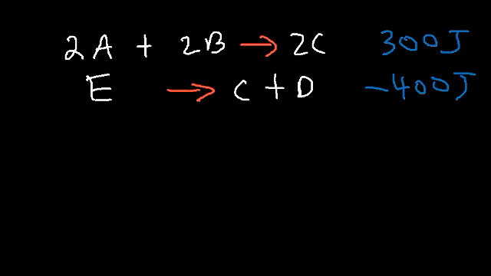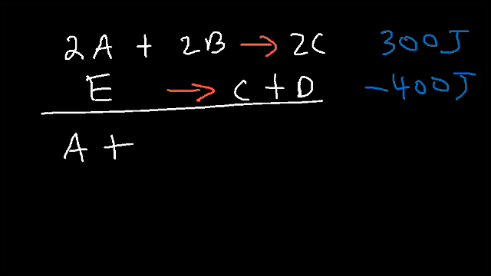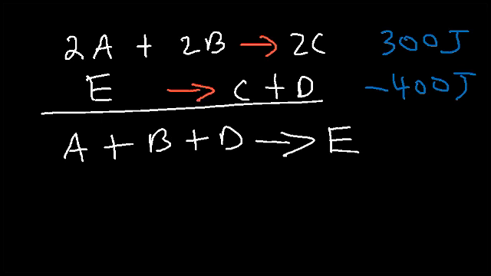So using those two reactions, calculate the enthalpy change for this reaction: A plus B plus D turns into E. What is delta H for this reaction?